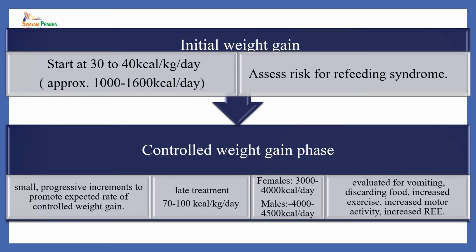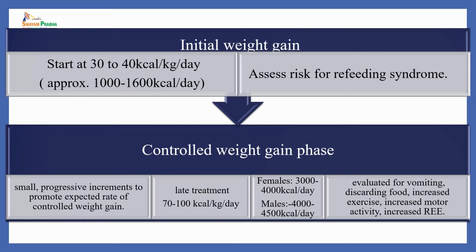This level of intake should be continued until it is confirmed that gut function has normalized, and any water overload, if present, is beginning to resolve. Usually this period takes around 7 to 10 days.